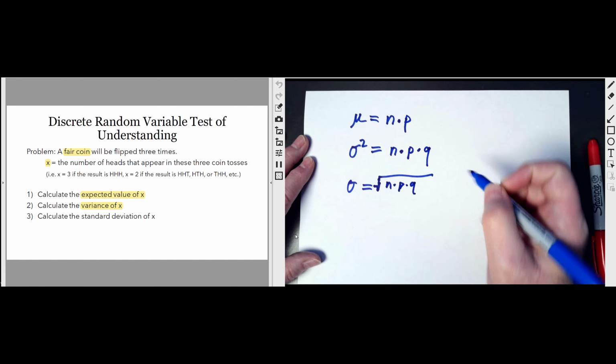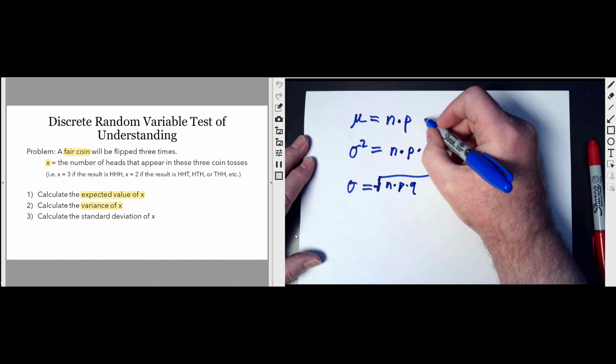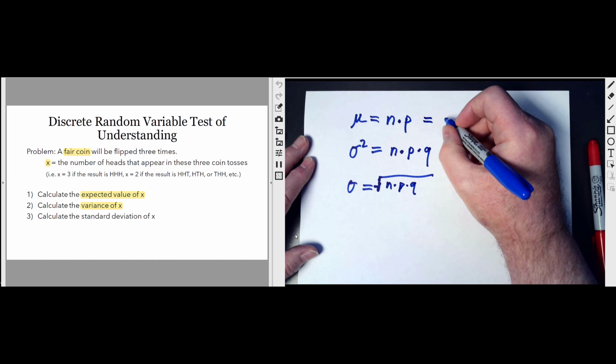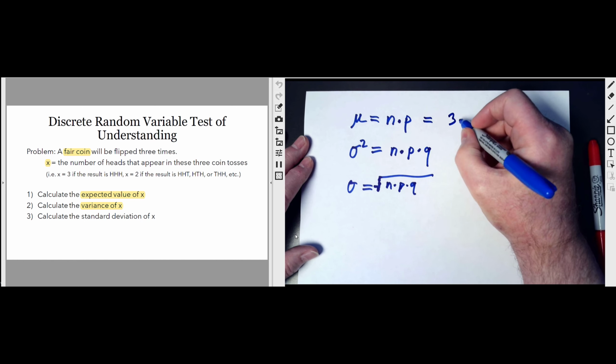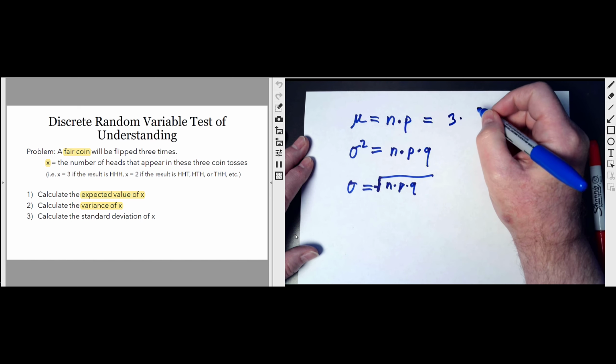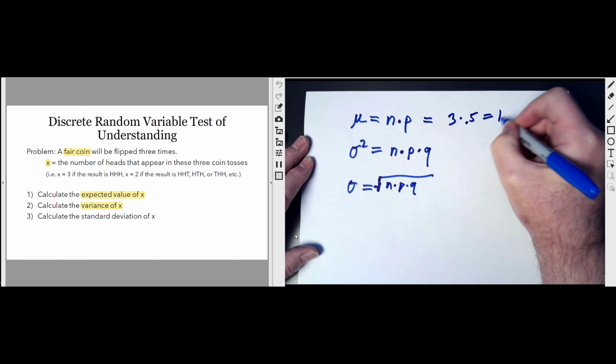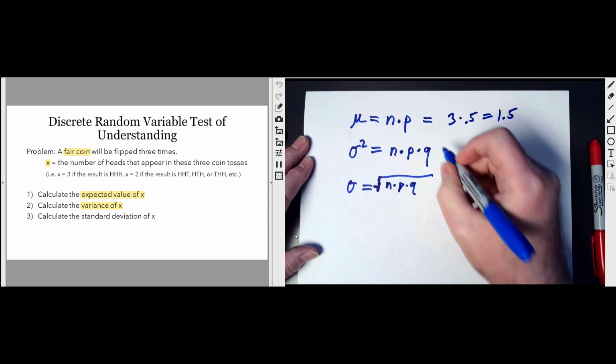NPQ. All right, so this is just going to be, we're doing 3 flips, and the probability of getting a head is 0.5, so that's 1.5, which is what we got.